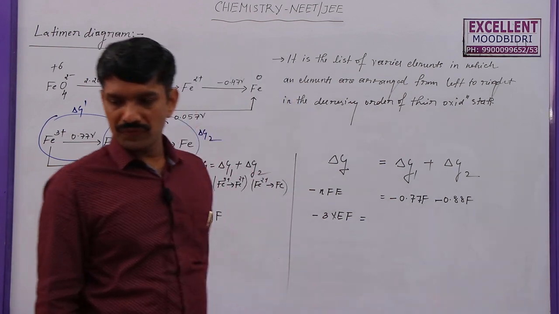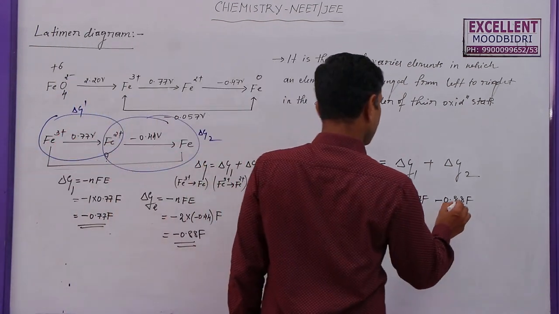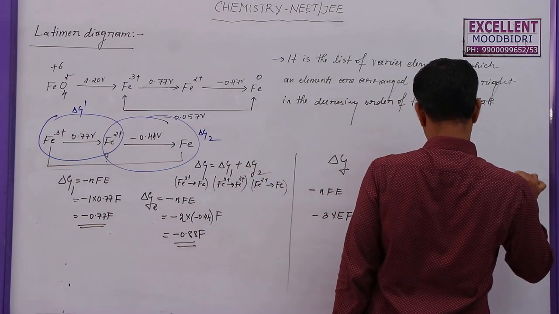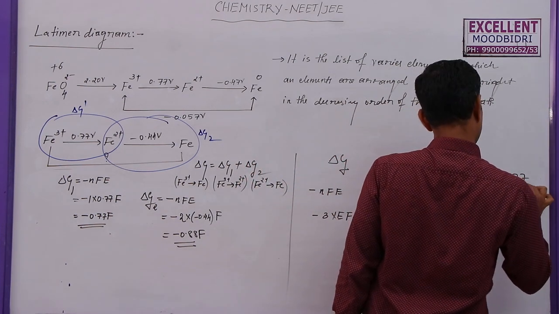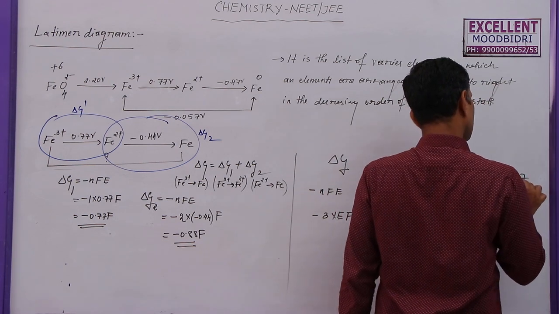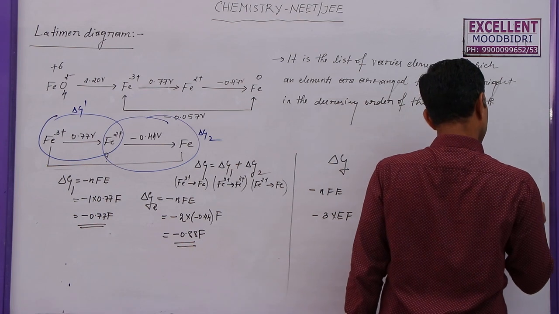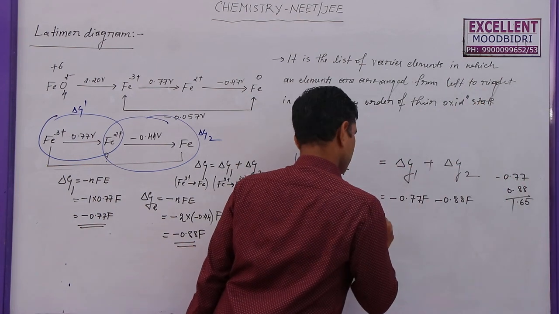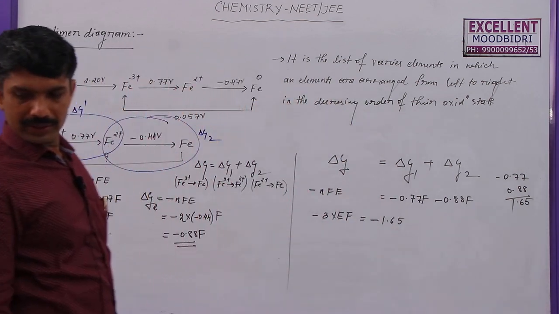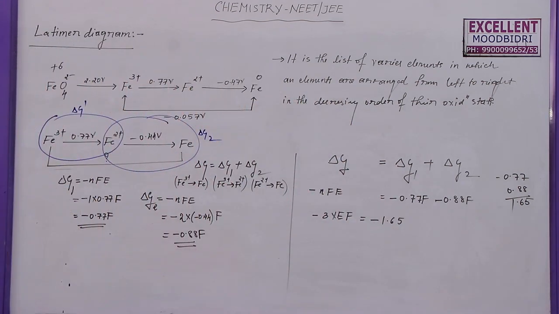If we add 0.77 and 0.88, we get 1.65. So the answer is minus 1.65.